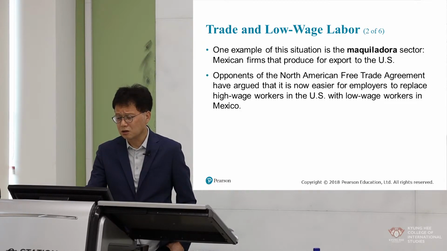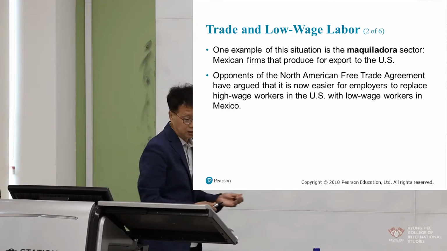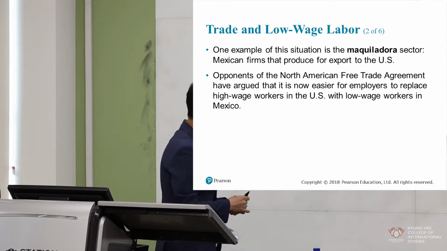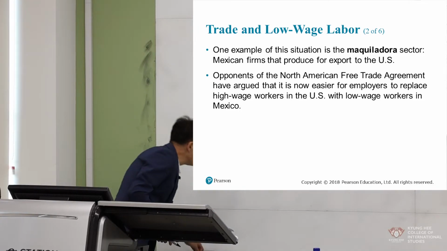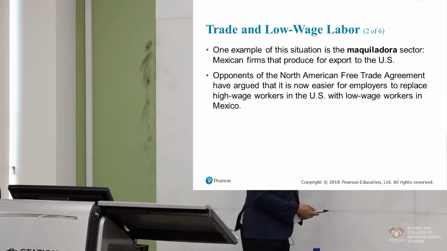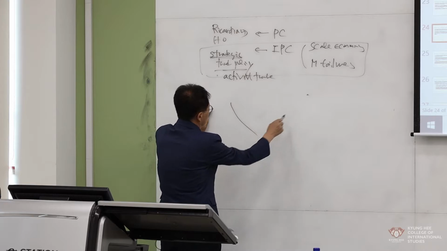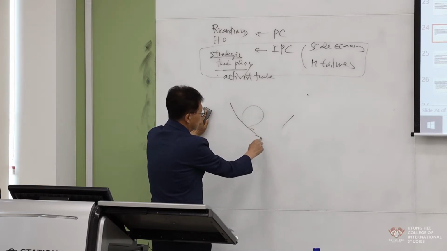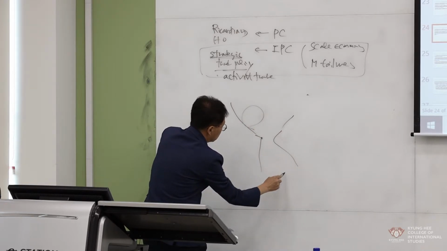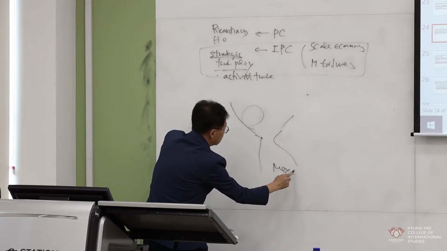One example of this situation is the maquiladora sector, Mexican firms that produce for export to the United States. Maquiladora is a duty-free export region. Think about California, and here there is Mexico and Canada.